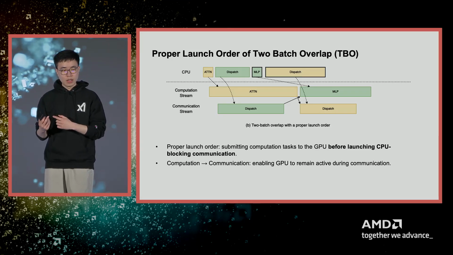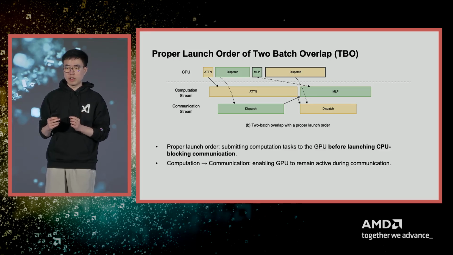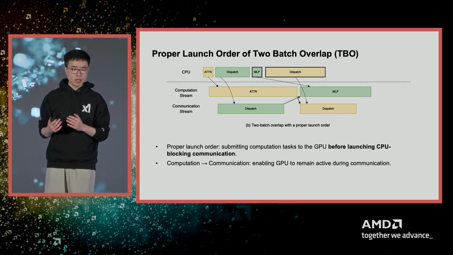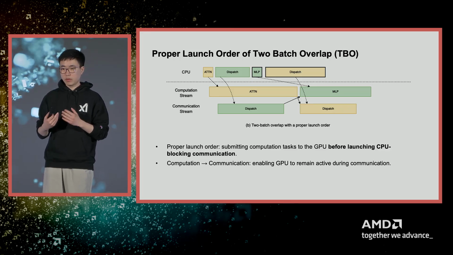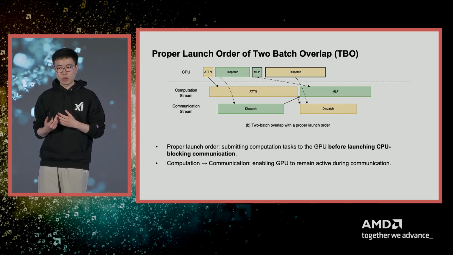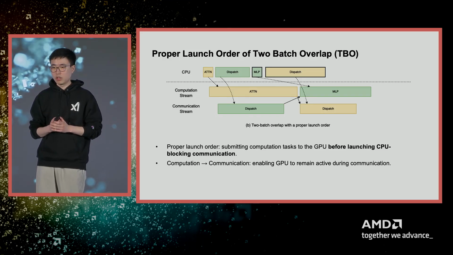And after that, the computation stream is running the MLP layer for another batch, and then the communication stream is running expert dispatch for another batch. So we interleave them to resolve the dependency while also fully utilizing both the compute and the communication resources.